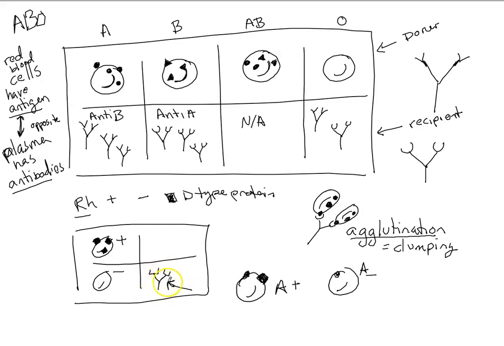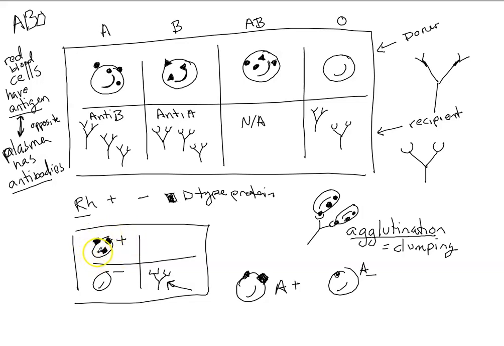How do you get exposed to the D-type protein? Typically, the way a person gets exposed to the D-type protein is through pregnancy. An Rh negative mother is pregnant with an Rh positive infant.